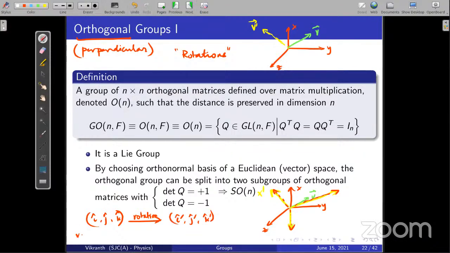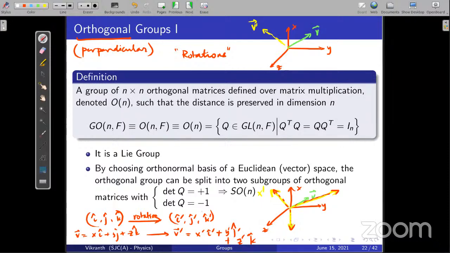So if your vector was xi plus yj plus zk, then after rotation it becomes V prime, defined as some x prime i prime, since the whole coordinate system changes, plus y prime j prime, plus z prime k prime.